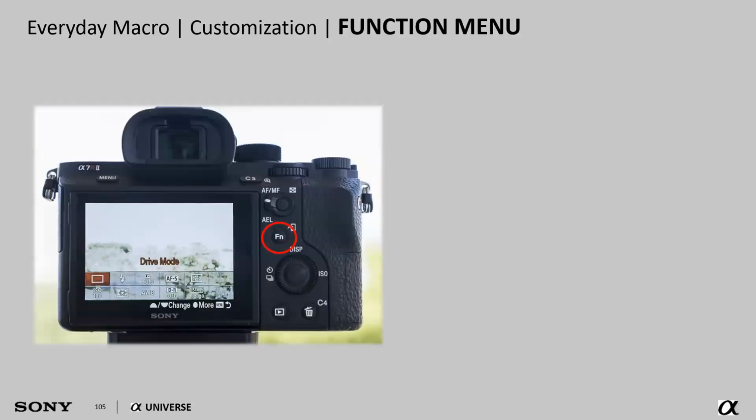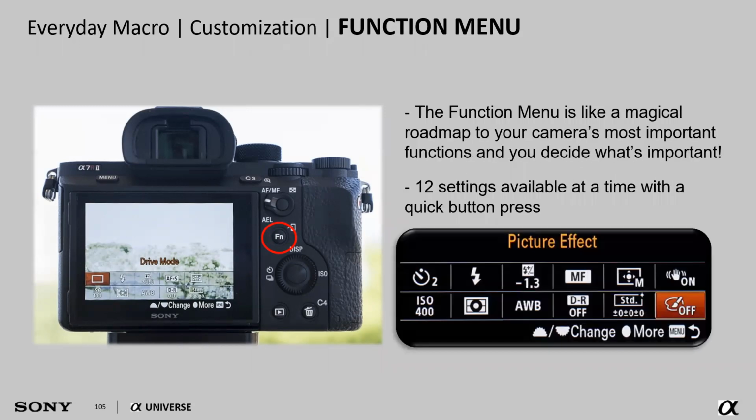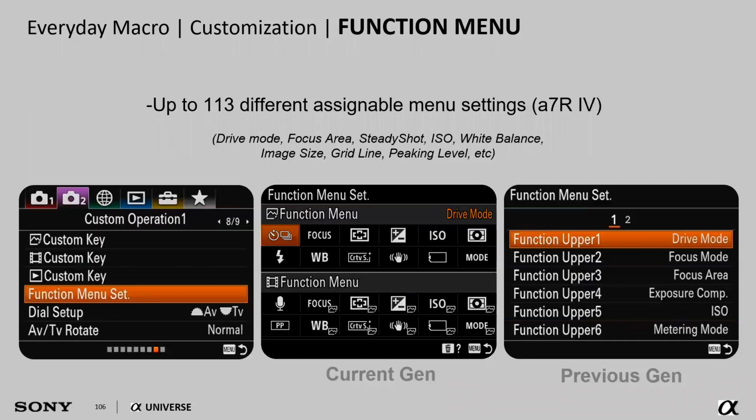On the camera, you also have a function menu, which is really just a short menu with the most popular items already pre-saved on it. This can be completely altered and customized to your liking as well. This is found right in the same spot as the custom key settings that we were just talking about. You'll have a function menu settings.